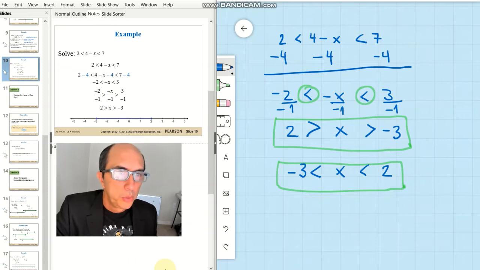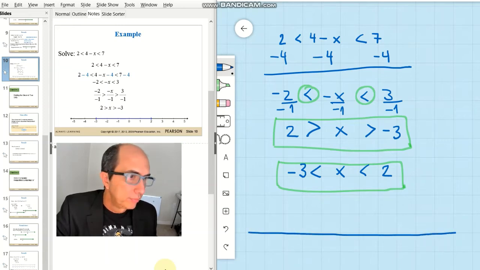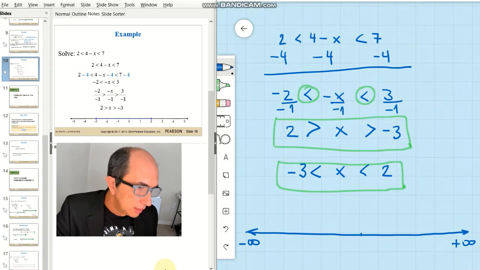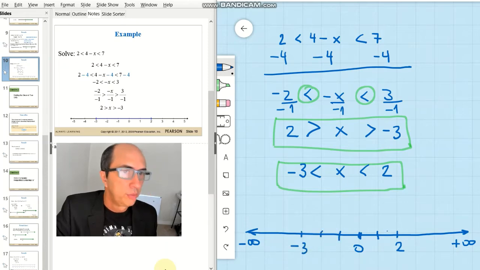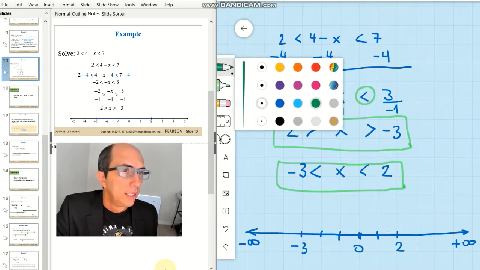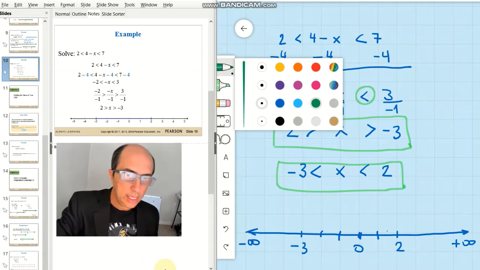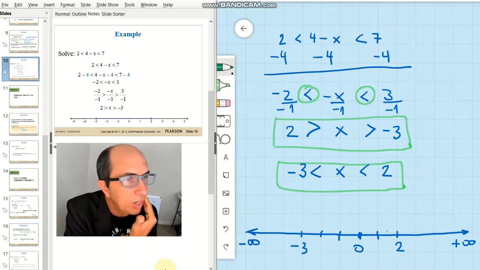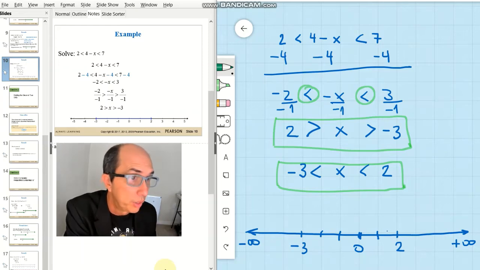And we will represent here the graph, negative infinity, positive infinity, 0 here in the middle. And let's say you have here 1, 2, this is 2, 1, 2, 3, and that's negative 3. Check here. The inequality is just less than. We don't have less and equal or equal.